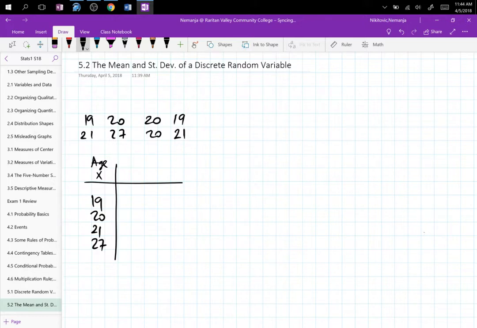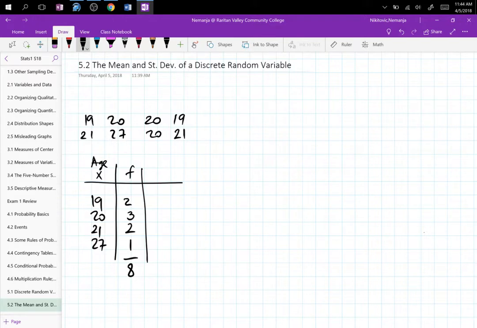Then I'm going to have the frequency. This is not given in a book in this way. I'm going to get the frequency because I want to be able to compute the probabilities. So the frequency, I have 2 who are 19, 3 who are 20, 2 that are 21, and 1 that is 27, for a total of 8.